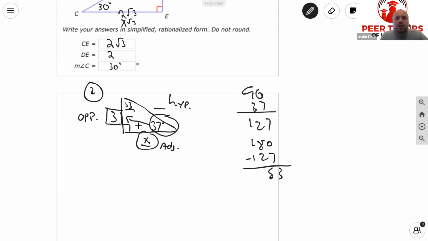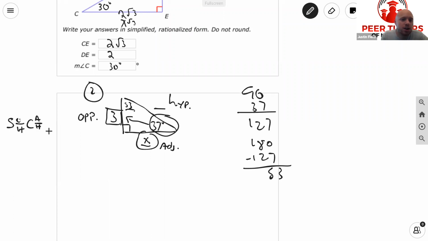Okay, so in order to solve this triangle, I need to use the correct trig ratio. So if I have the opposite and I want the adjacent, which trig ratio connects the opposite and the adjacent? Is it sine? No, that's opposite and hypotenuse.